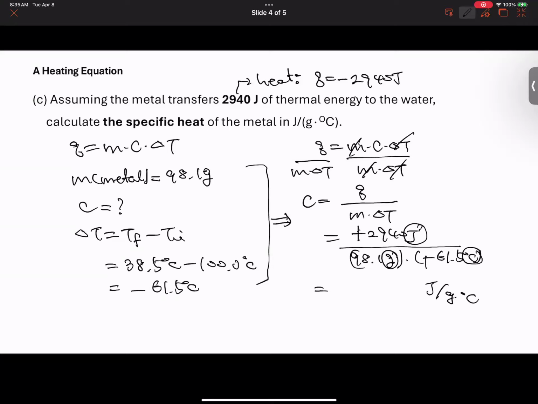That's the definition of specific heat. When you plug in, we find that it is 0.487 joules per gram Celsius. If the metal is a pure metal, not an alloy, and you have a literature list of specific heat values, then this specific heat becomes an important clue to identify this material.